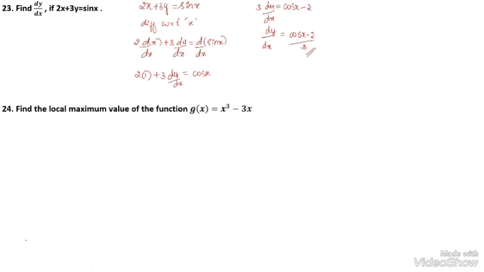Let's move on to question number 24. Find the local maximum value of the given function. First, consider the function g of x is equal to x cube minus 3x.